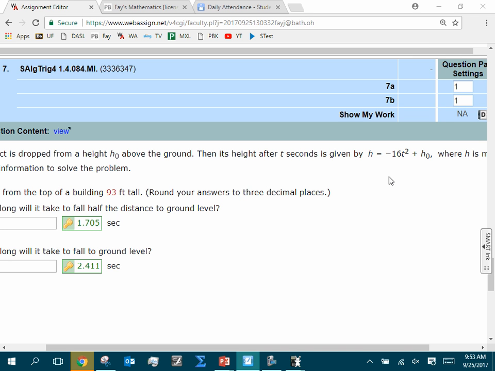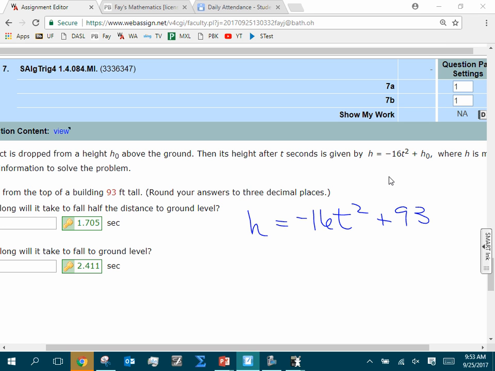If I throw it, now I've got a velocity behind it, so then there would be that v sub naught t along with the initial height. So here we're going to go h equals negative 16t squared plus the initial height, and they say 93 feet. If there were a velocity, there'd be a t on there, because the v sub naught times t is that velocity component. This is just the height.